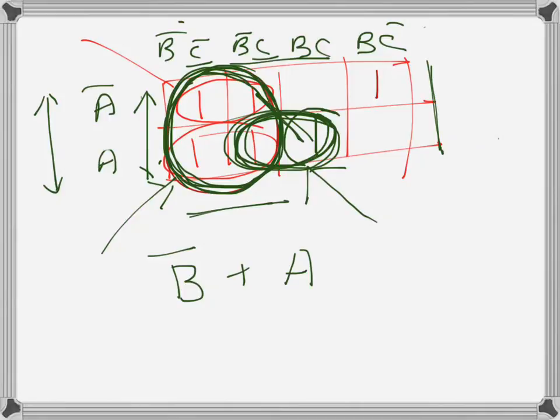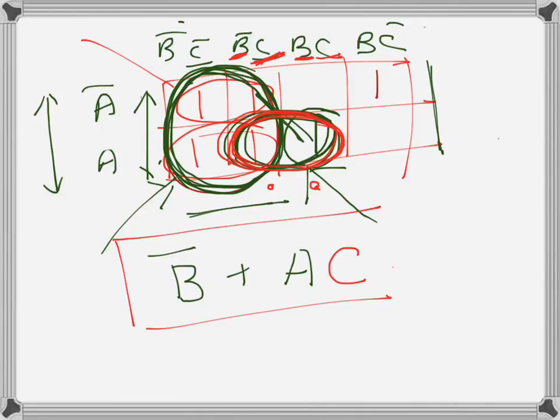So B is changing, because it is B bar here and B here. When we move from this cell to this cell, B is changing, but what is not changing is C. This is C here, this is also C here. So for this small group, C is not changing. So the expression for this one will be A C.